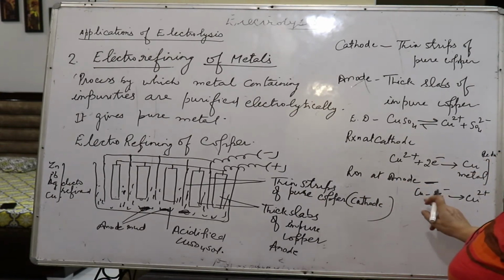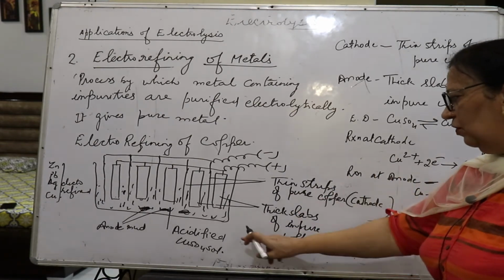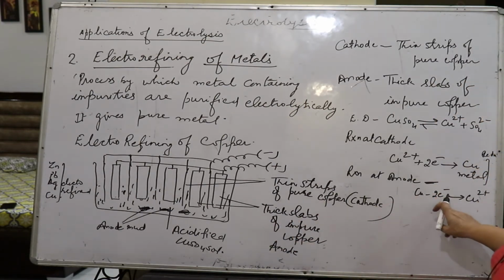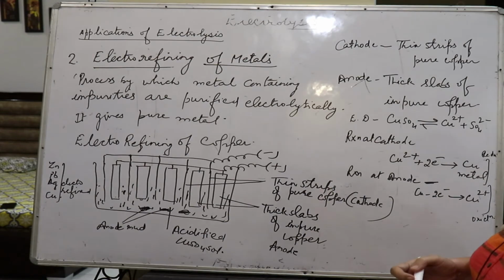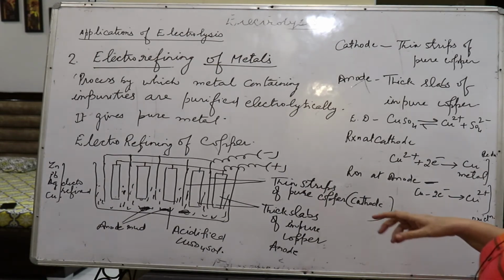And at the anode, as the anode is made up of copper, it will lose 2 electrons and become Cu2+ ions, and this is oxidation, and these ions will go into the solution. And what is the observation in electro-refining?